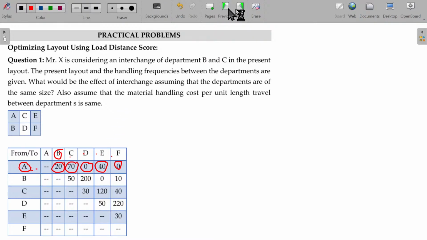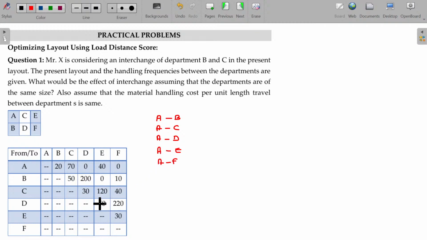Is that okay? So now come on, tell me. We'll start with one distance to another, A to B, A to C, A to D, A to E, A to F.